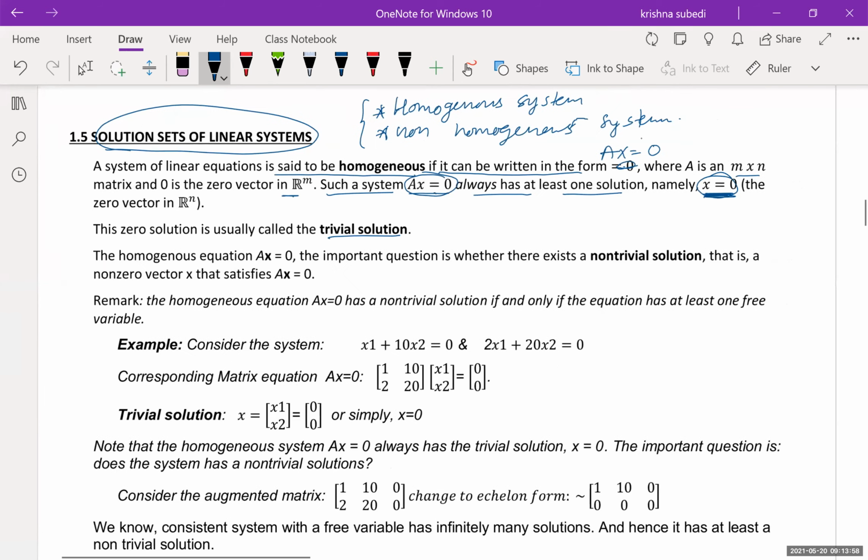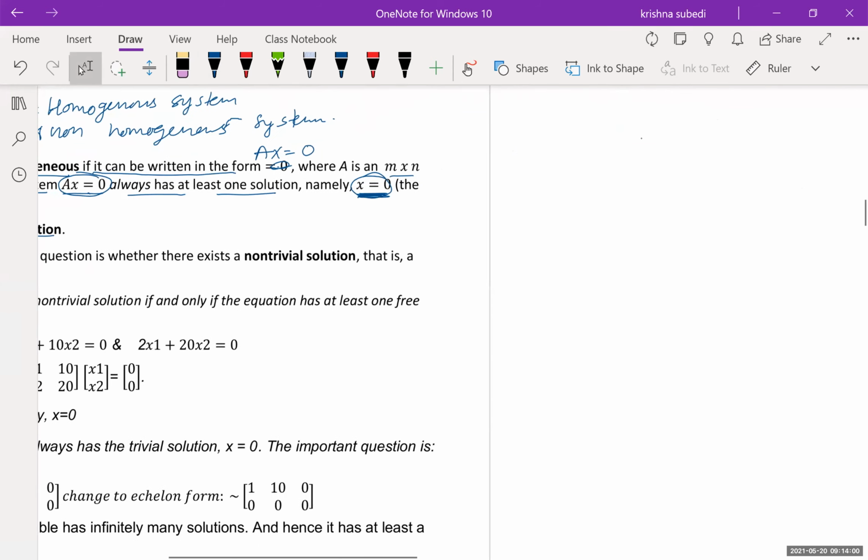Let me give you one simple example from your algebra. I want to take you back to middle school or high school just for a few seconds, if you don't mind. It is just an analogy, I think it will help you to remember what it means. Suppose you are given x squared plus 2x equal to 0.